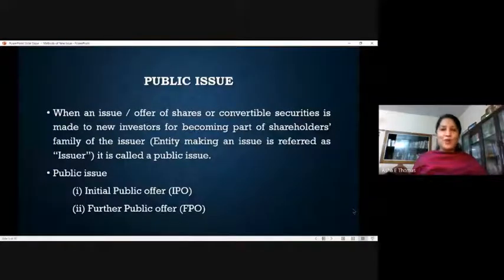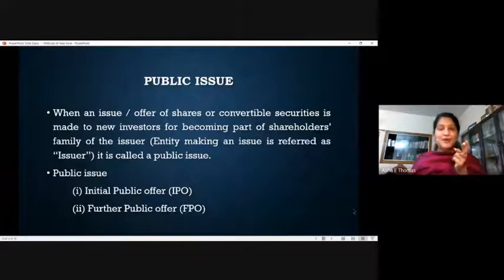This comes under the category of public issue because it is offered to the entire public. Anybody who has money and is interested in taking up this offer is free to do that. So a public issue is an offer of shares or convertible securities made to the public, inviting their participation in the company's ownership by becoming shareholders.